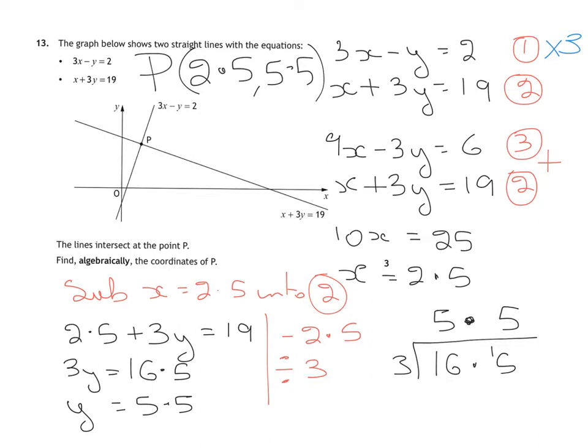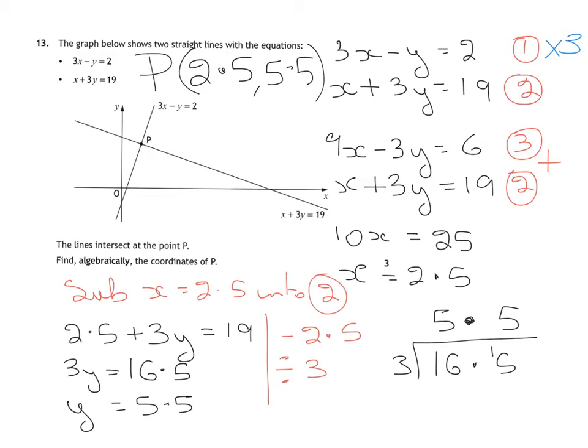Right, marking scheme. You have got 3 marks available here. You get your first mark here: evidence of scaling. You show that you know you need to match your coefficients. So you get a mark for your evidence of scaling.